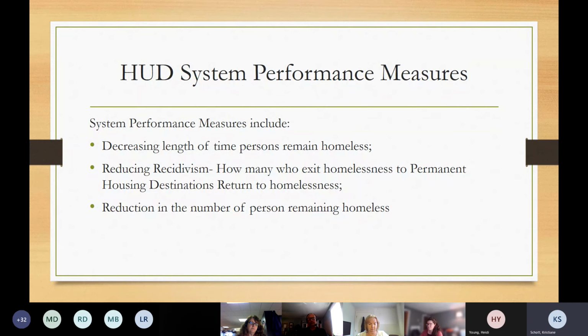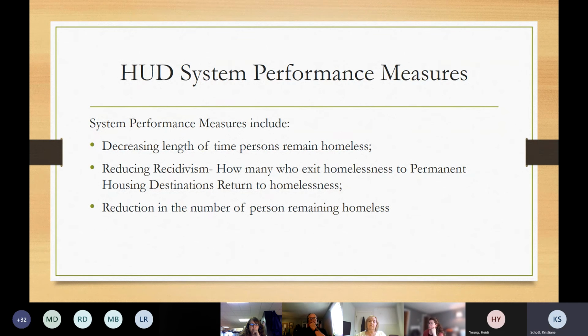They're looking at the average time and the median length of time that people remain homeless. The system performance measure number 2 is reducing recidivism. So we are specifically looking at how many people exit homelessness to permanent housing destinations, but then who return to homelessness. So trying to make sure that once we do have people in permanent housing, they're staying and able to maintain their permanent housing.